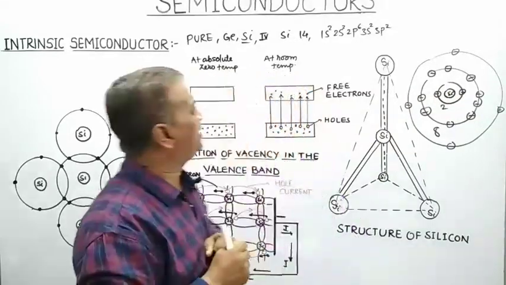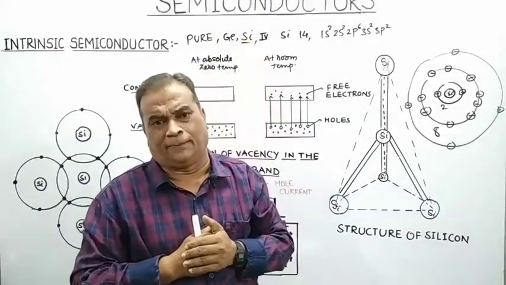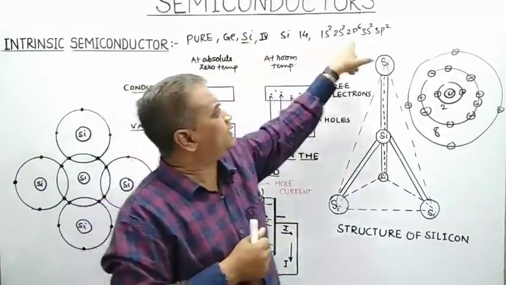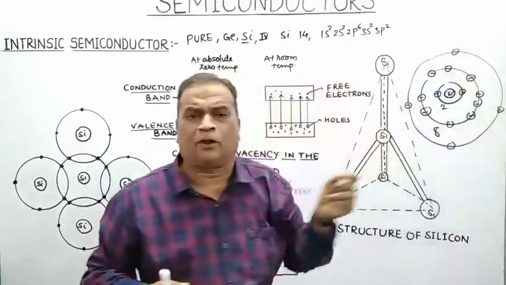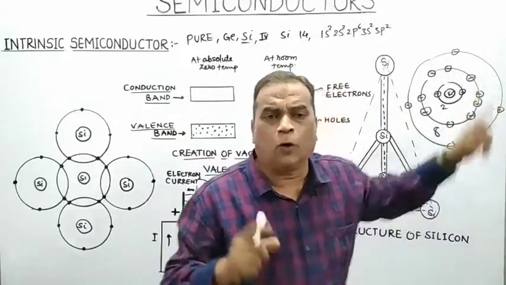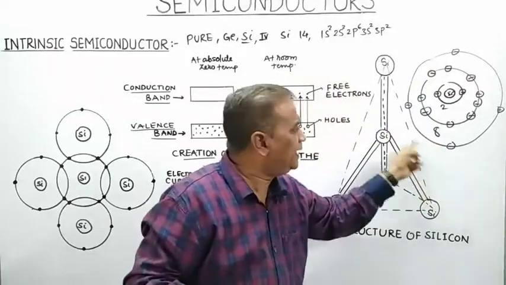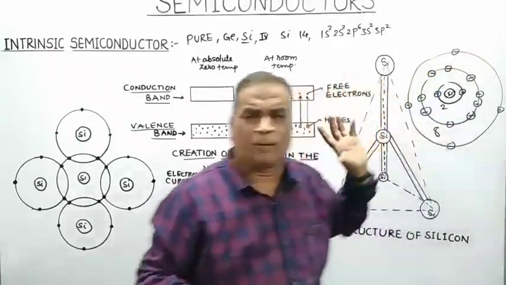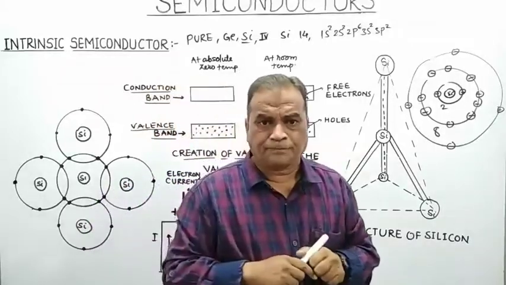Because germanium and silicon belong to the fourth group of the periodic table, and due to this electronic configuration, the electrons in the outermost orbit of the silicon atom are 4 in number. Those electrons lying in the outermost, higher energy orbit are called valence electrons.